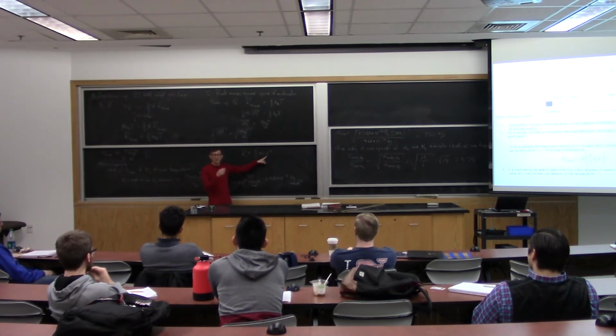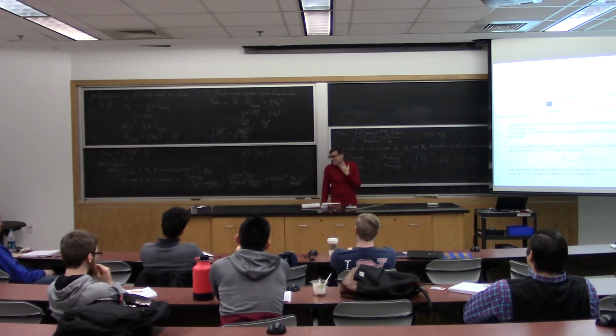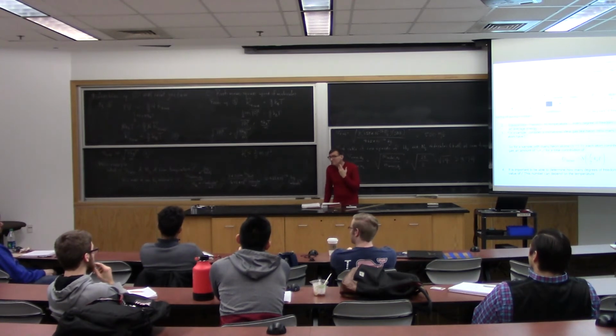Well, we're not averaging. This is just one neon atom at a time. But what does that v squared really mean? It means speed squared. How do you find the speed squared from the velocity? It's the magnitude squared of the velocity.